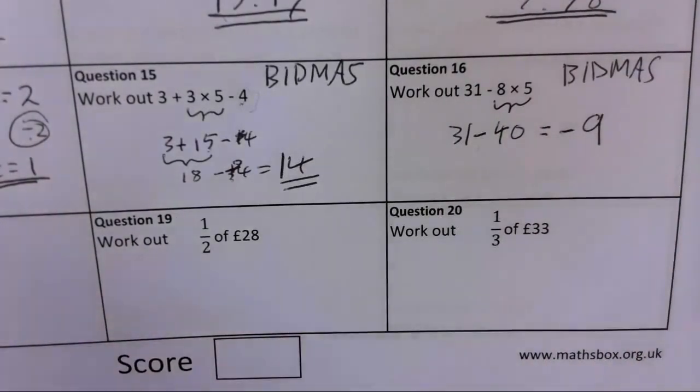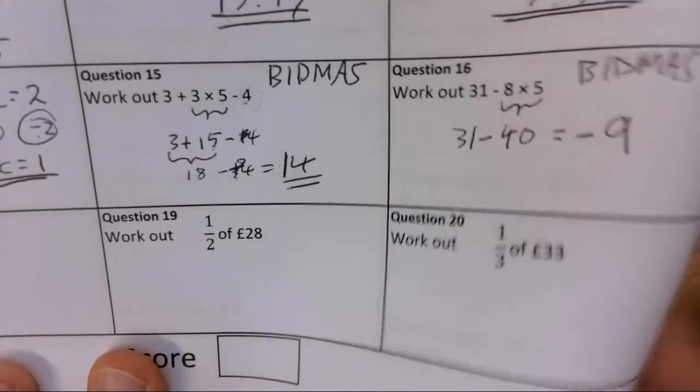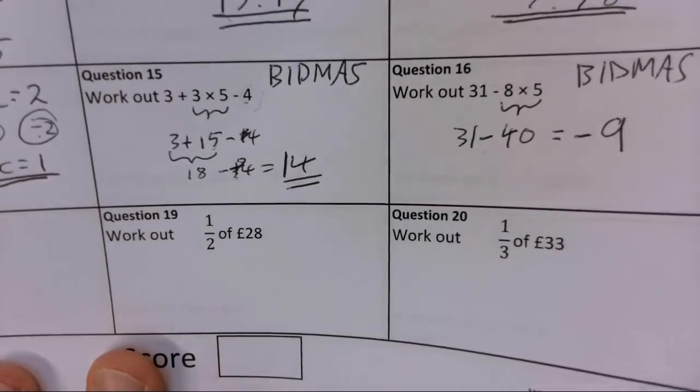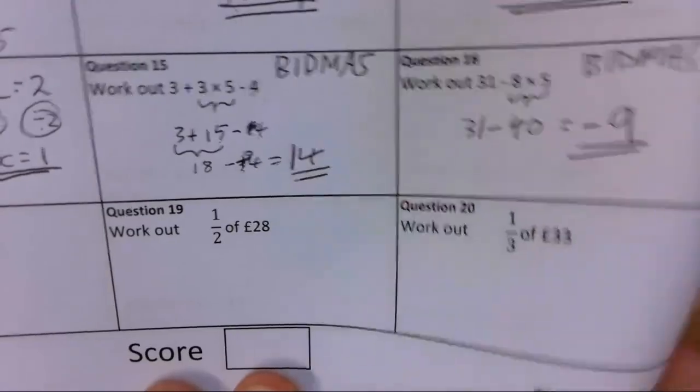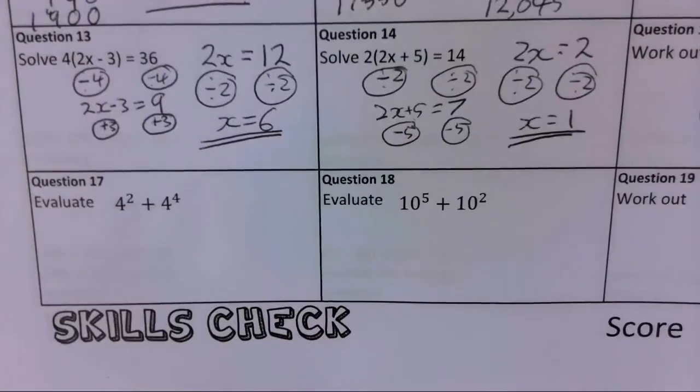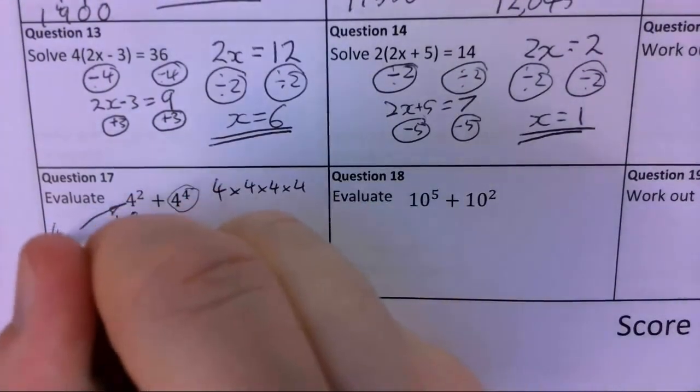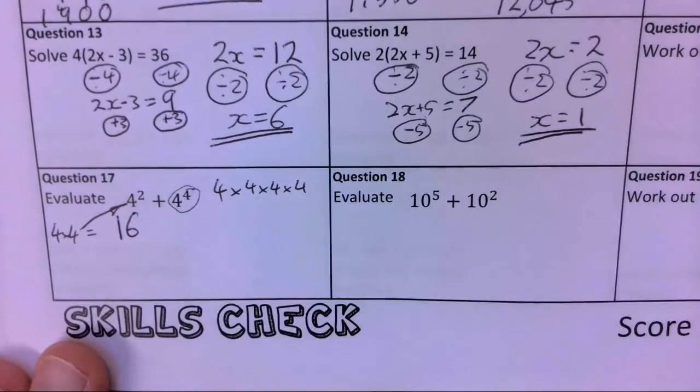We've got to use the symmetry of subtraction there. So 40 take away 31 is 9. If you swap those numbers around, make it 31 take away 40, you're down into minus 9.